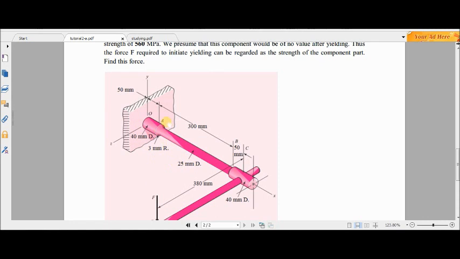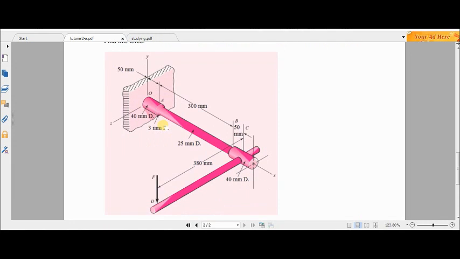The diameter at this location is almost half of the diameter from O to A. So I would say that probably the maximum stress will occur at point A. If we have doubt about this statement later on, we can also find the stress at point O to make sure.